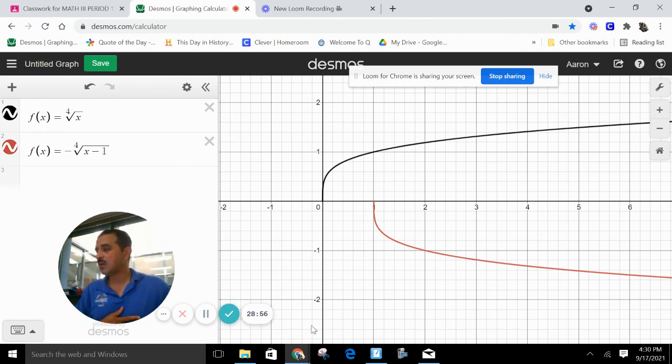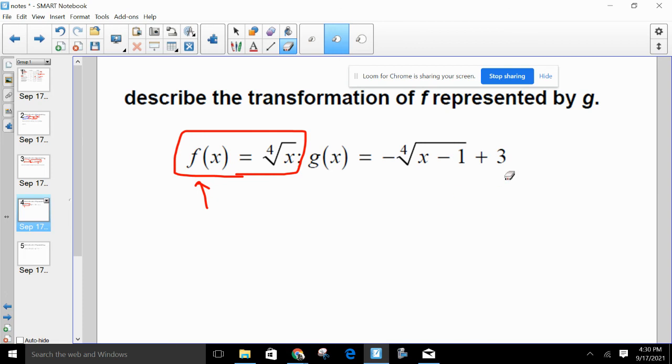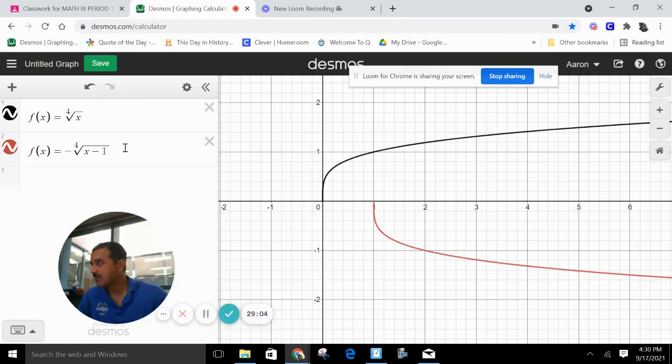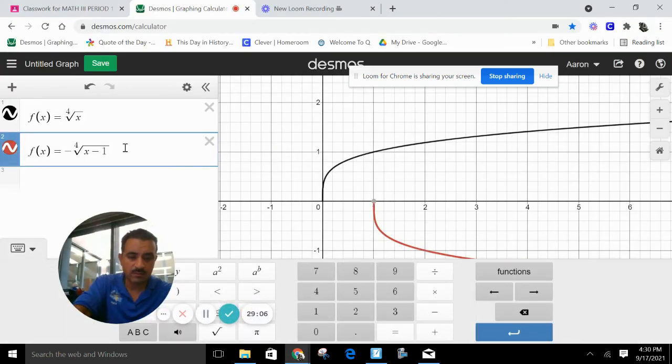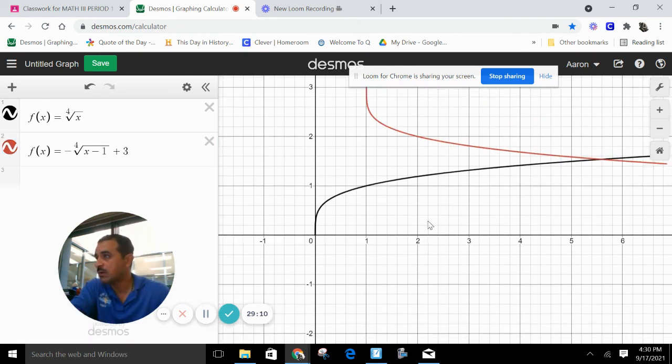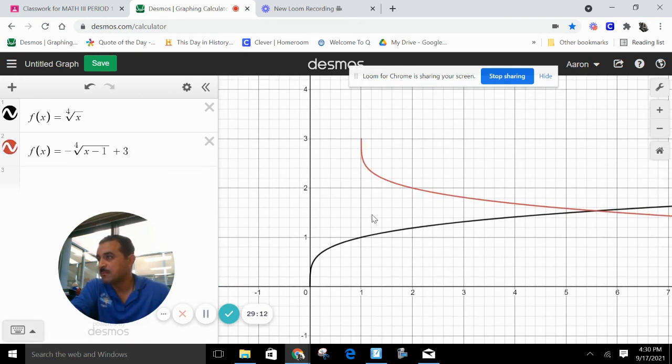And then what else we got? We added 3. Let's add 3. Outside the radical symbol. So add 3, and there it goes. So we flipped it over the x-axis, horizontal shift to the right 1 unit, and then vertical shift up 3 units.